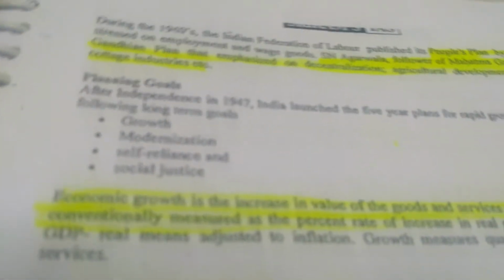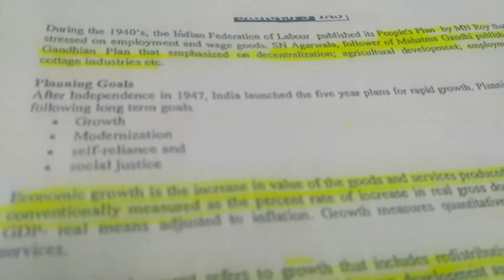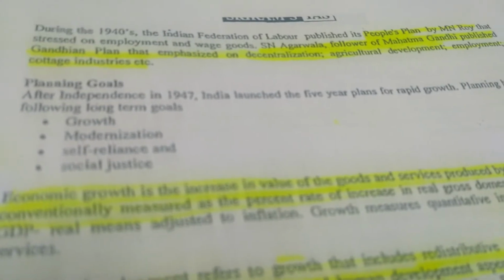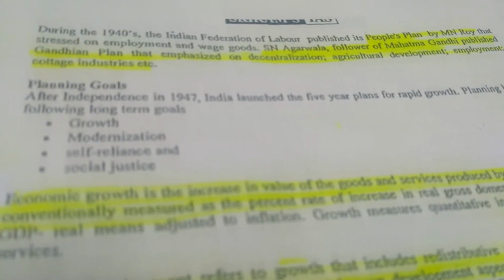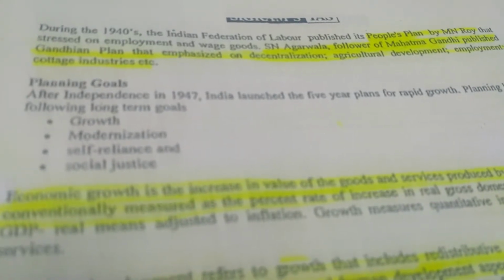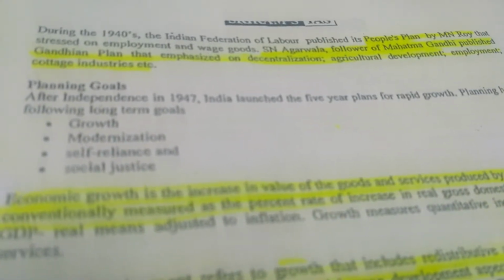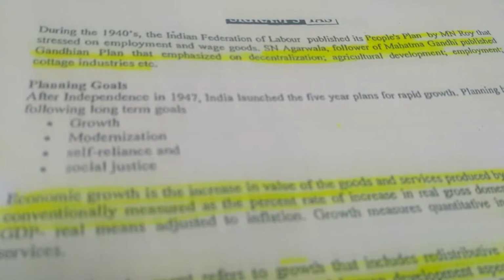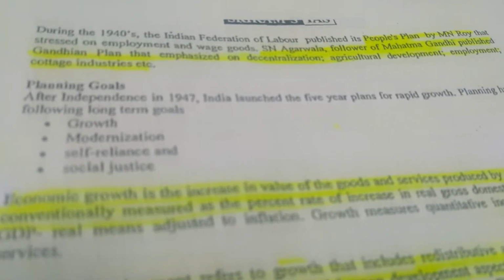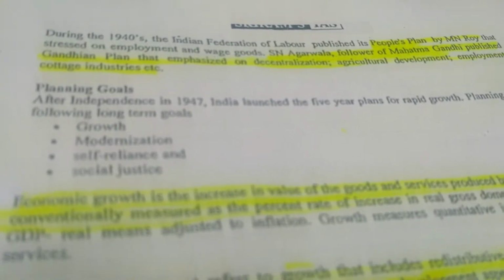Why did India choose economic planning? Because after independence in 1947 there was huge poverty, and to eradicate the poverty, India needed major programs to develop its economic growth and economic development also.